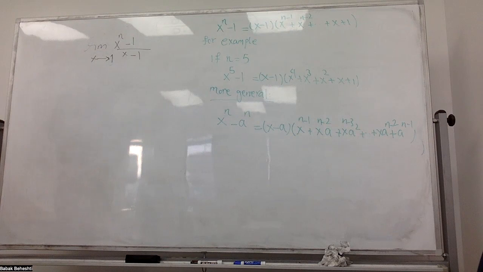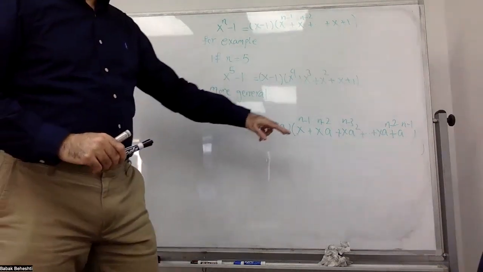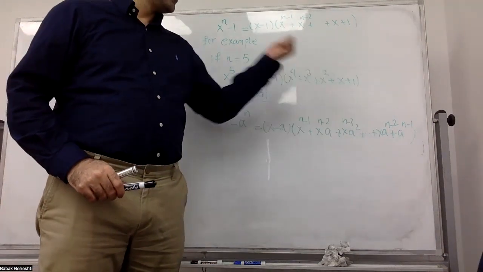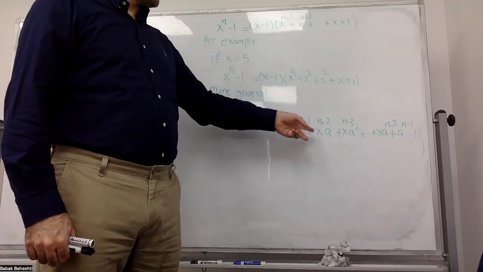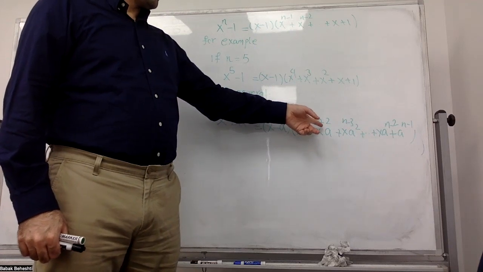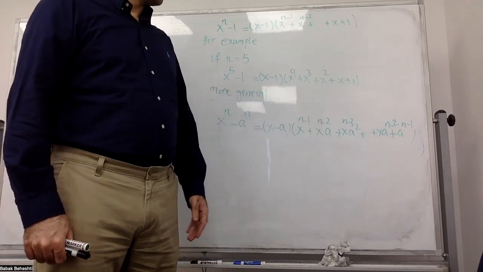So each time you give one exponent to a, you remove one exponent from x.